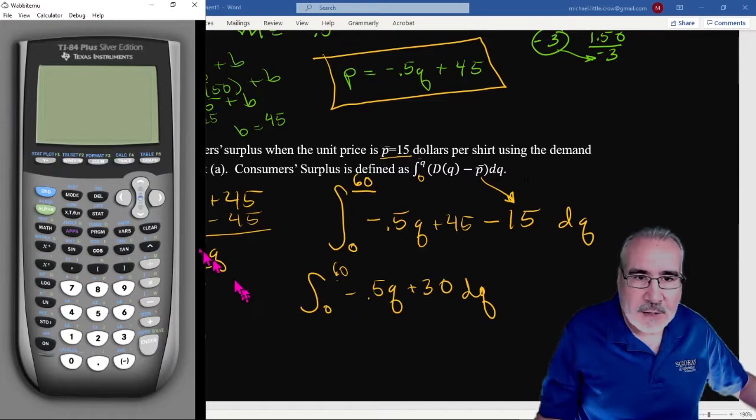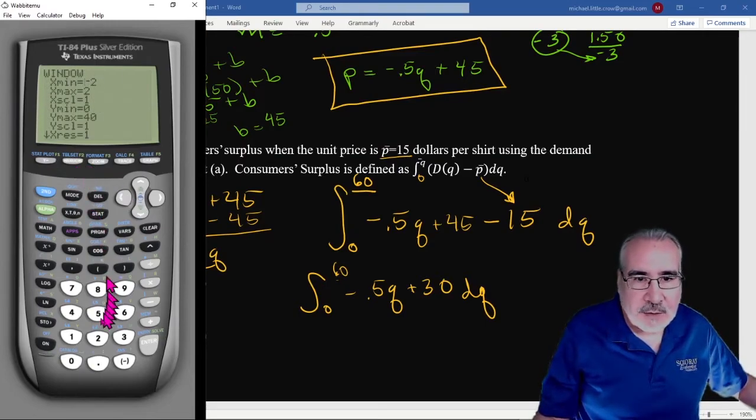So let's graph this. Our y equals, we'll put in the function minus 0.5 x plus 30. There's our function. We're going to go from 0 to 60, so that helps us with our window.